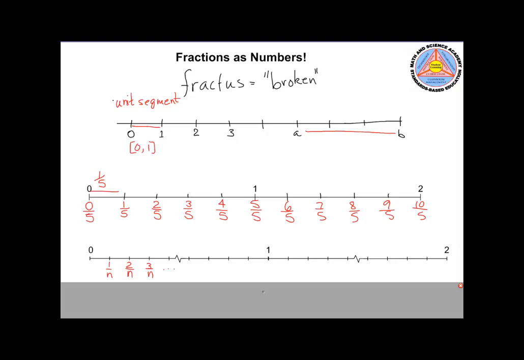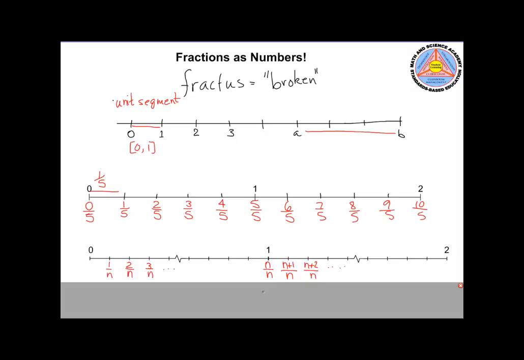Now at this point I don't know how many segments are located in this break, but I do know that by the time I get to 1, I have to have created n segments, each of which is 1/n in length. I can continue going. This would be the next segment, one more multiple of 1/n. That would be called n plus 1/n, n plus 2/n, and so forth, all the way till I get up to the number 2.